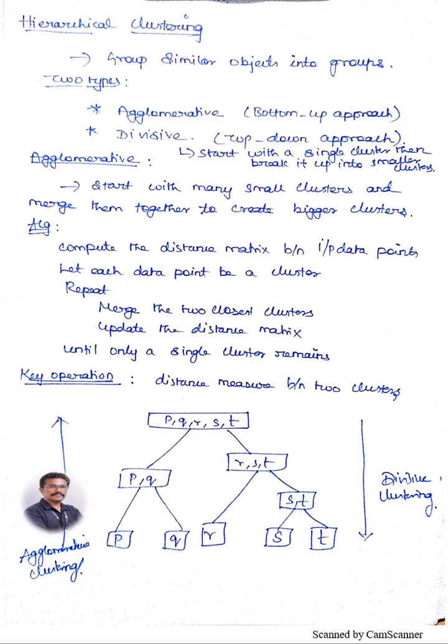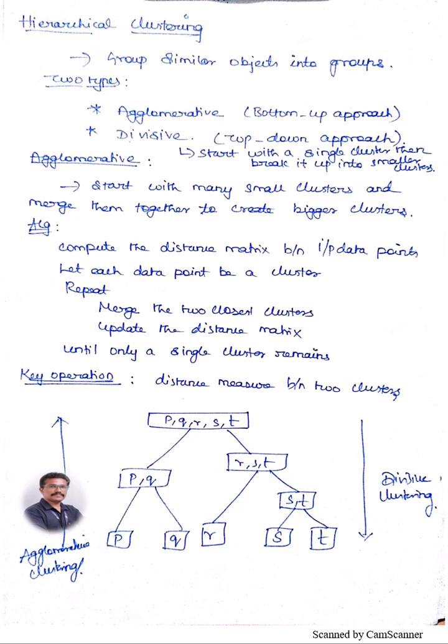In this example, individually we consider P, Q, R, S, T. These are all the data points given to us. First we consider each data point to be an individual cluster. After that we merge the closest clusters.